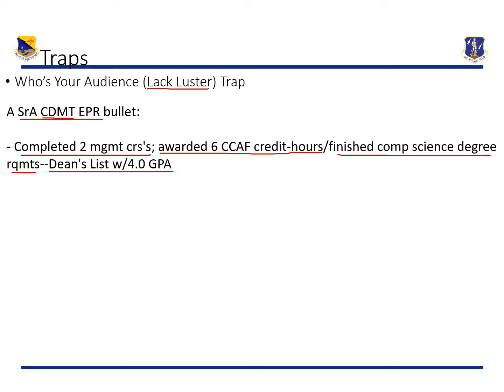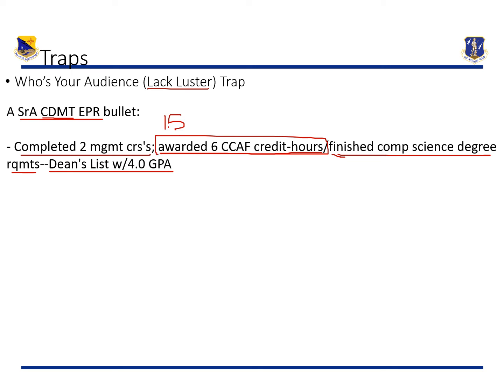To the untrained eye, this bullet looks pretty cool, looks pretty awesome, but I guarantee you a person that isn't necessarily paying attention or has multiple award packages to review may miss the important stuff. And you can see this bullet being initially graded a 1, maybe 1.5. We'll give them that.